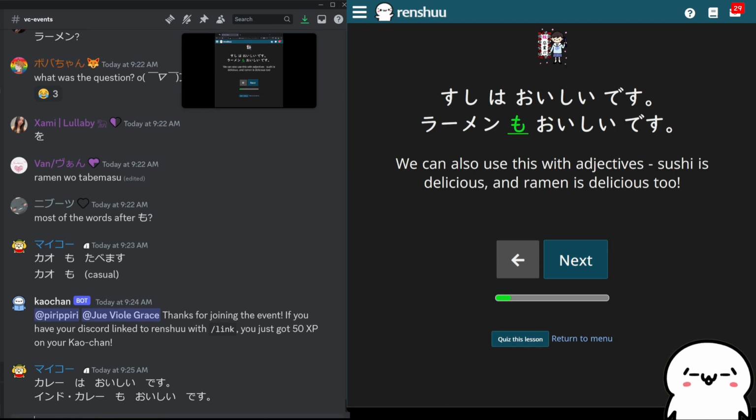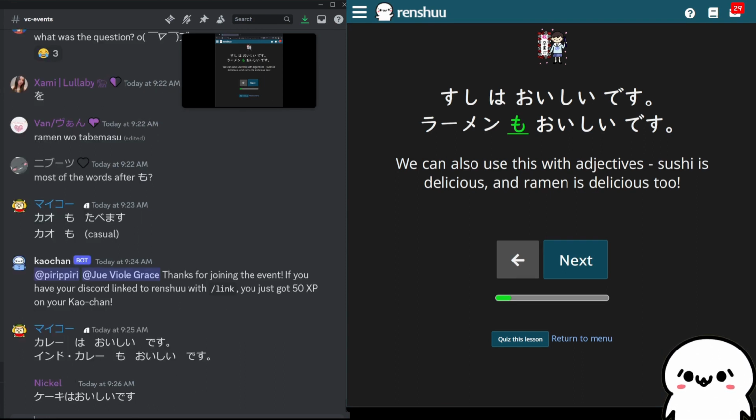When I say curry, since I'm in Japan, I'm referring to Japanese curry. I also like Indian curry. カレーは美味しいです。インドカレーも美味しいです。So, what are two foods or drinks? Things that are delicious. What are two things that you think are yummy?